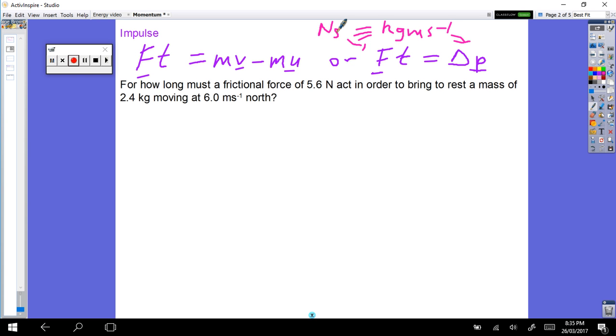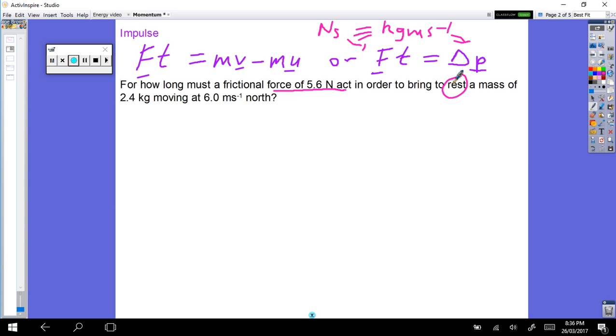Okay, so our example is: for how long must a frictional force of 5.6 newtons act in order to bring to rest a mass of 2.4 kilograms moving at 6 meters per second north? So let's write down what we know. We know the frictional force, 5.6 newtons.